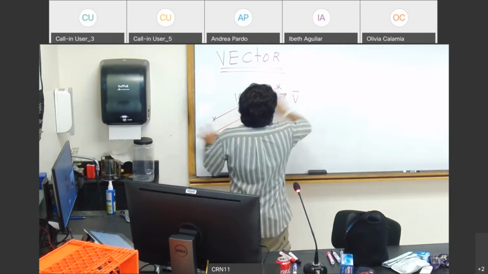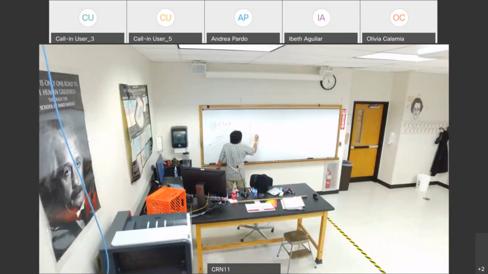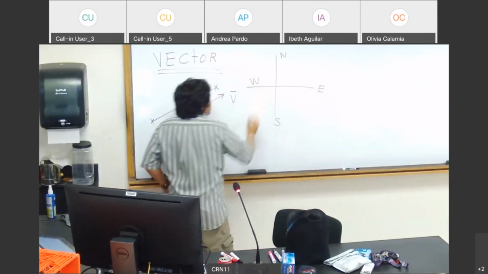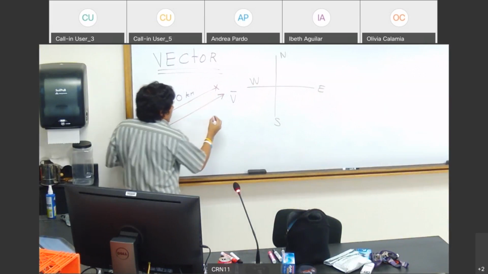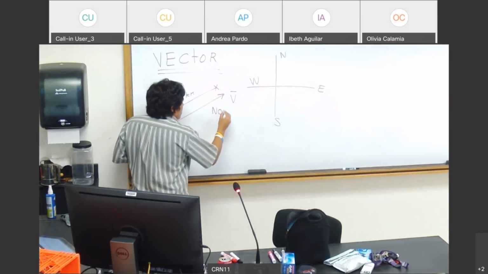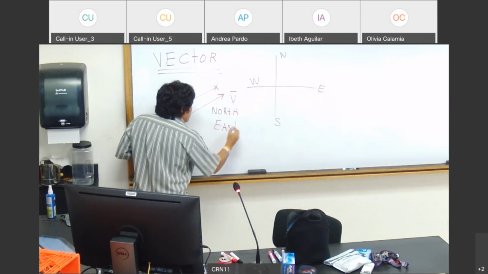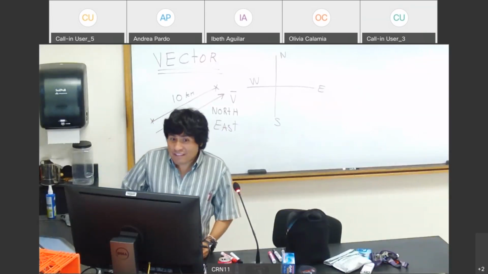In this plane, if I say north, south, east, and west, then I can say that this vector is going north-east. You talk about this when you travel, or read a map, or use your GPS.